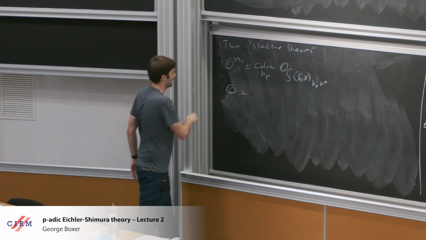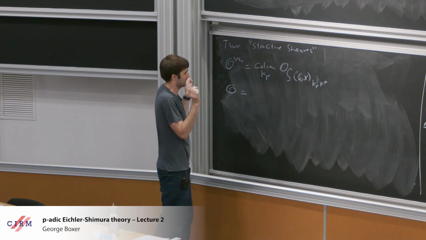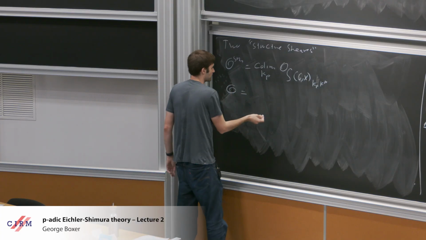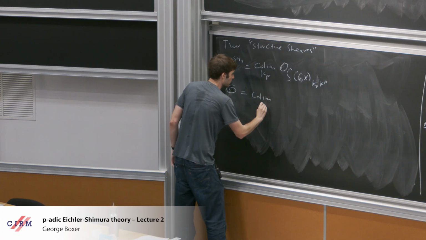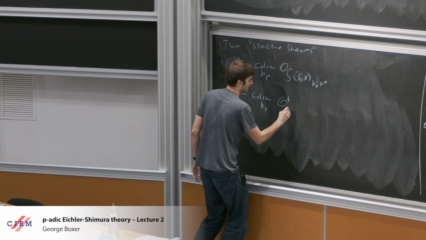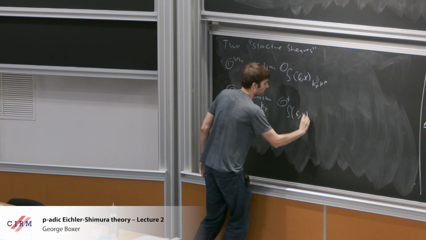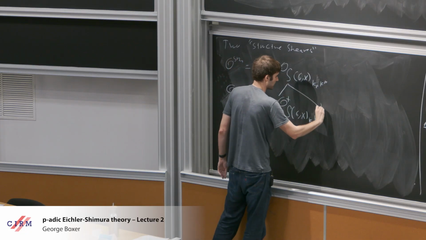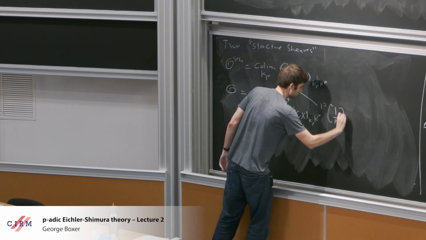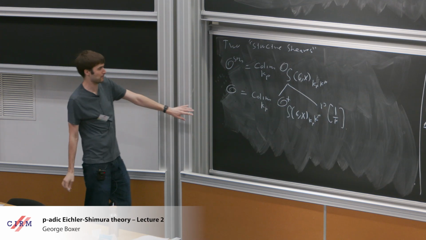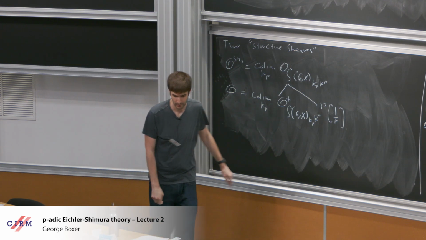So we're just going to call that O. It's the continuous structure sheaf. So for this, we're going to take the colimit over K_p of the sheaves of bounded elements at finite level. And then we're going to p-adically complete and invert p. And so a priori, this is just a definition, and you maybe can't understand very much about this.